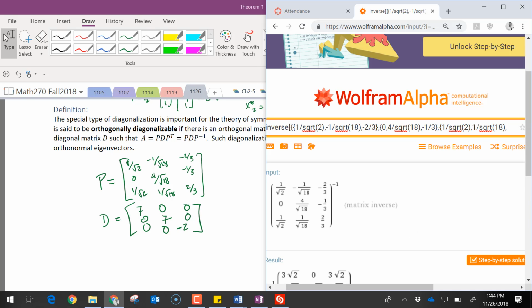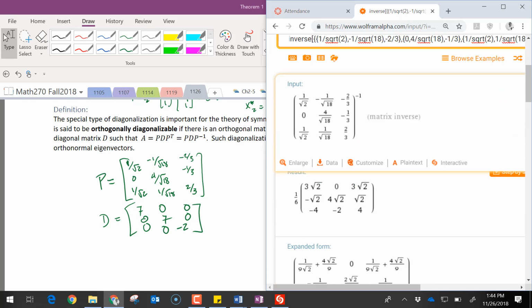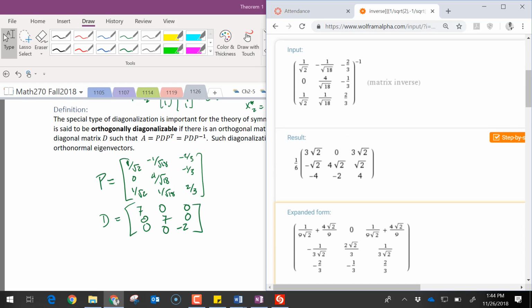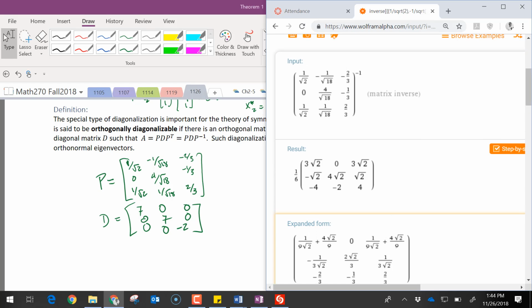Like looking for a semicolon in your program. What? So if you massage this a little bit, you'll see that it's exactly the transpose.